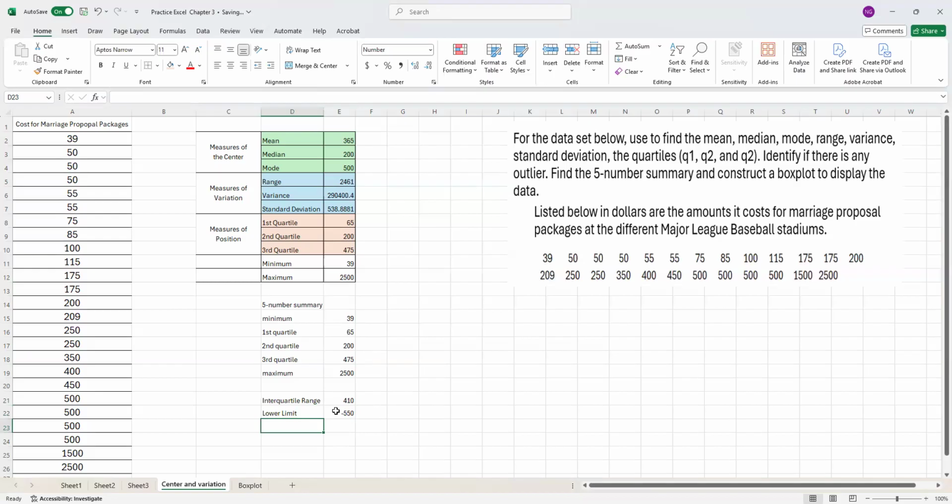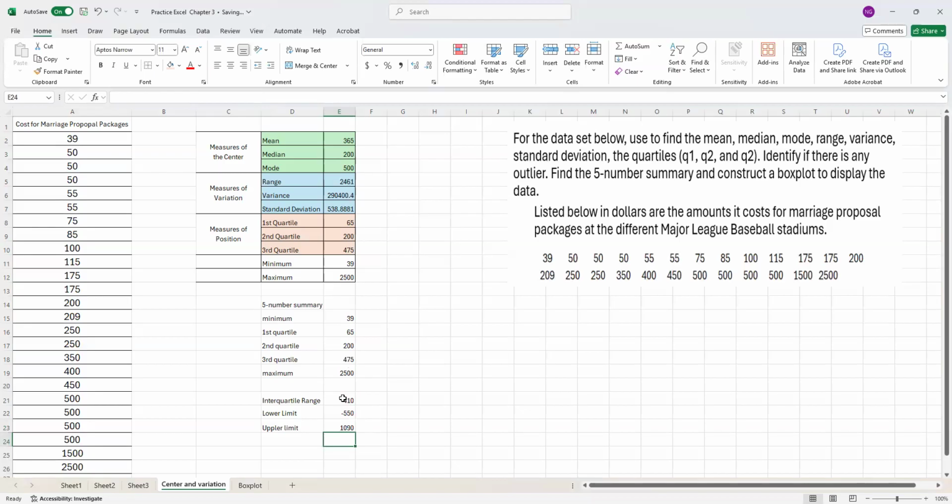Is there any data that's below negative 550? No, there is none, all right? So now let's try the upper limit. The upper limit is Q3, the third quartile, you put equal sign, third quartile plus 1.5 times IQR, the interquartile range.